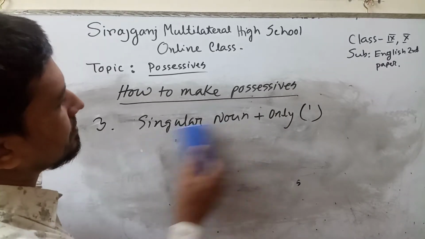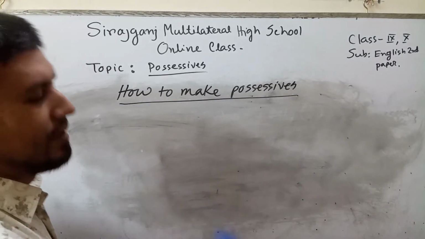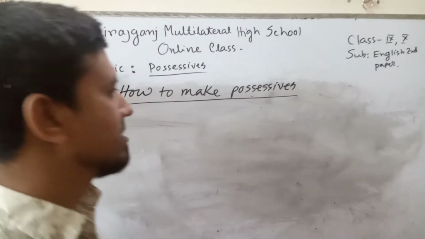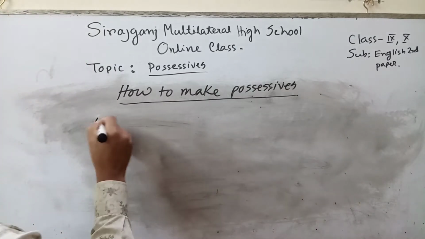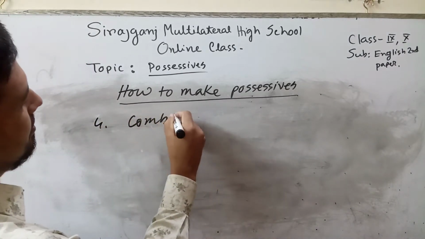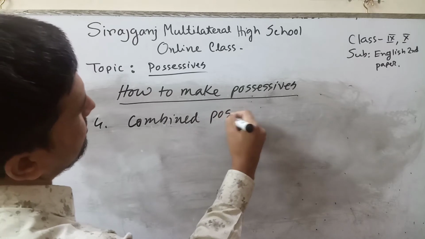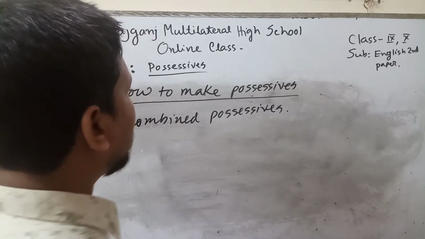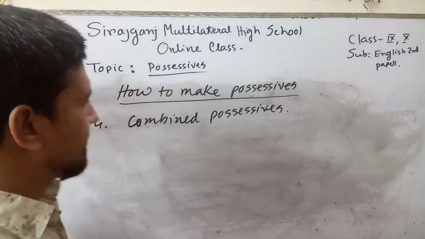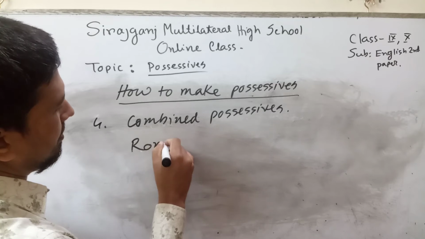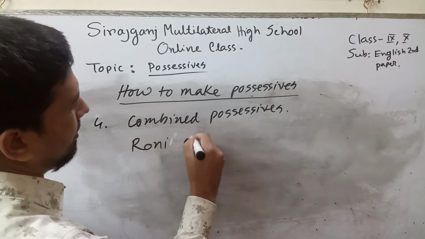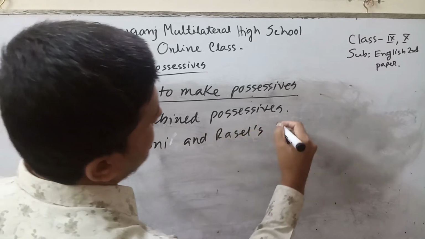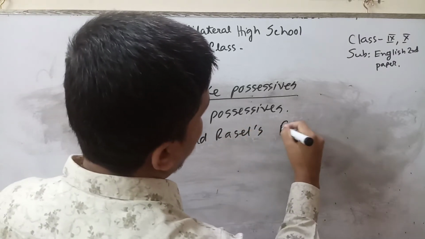Now there are some combined possessives. Here you see Ronnie and Russell's farm.